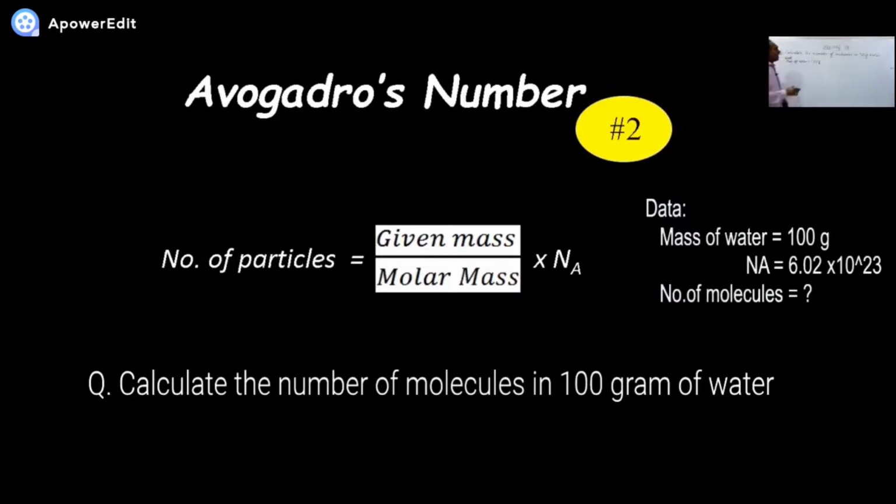Remember, whenever it is asked to find number, like number of molecules, like number of atoms, then one thing is given. What is that thing? Avogadro number. Okay? So the value of Avogadro number, all of us know, is 6.02 into 10 to the power 23.